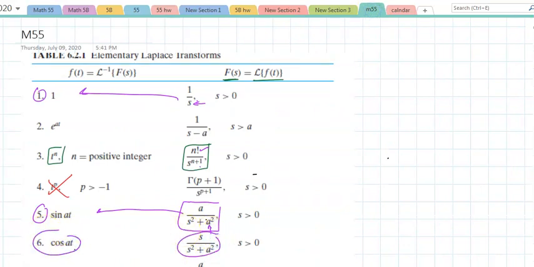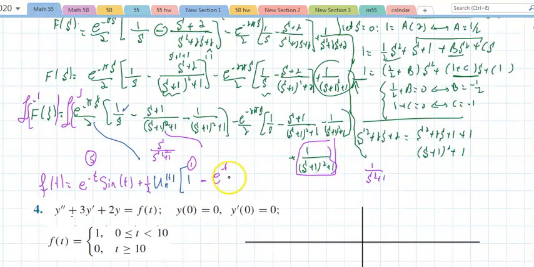That's a cosine in this case of 1t. And this right here, if I take e to the negative t, that's going to make this again 1 over s squared plus 1. I just did that for this piece, and I know that's the sine of t. So this is by 6, this is by 5, and we know the drill.